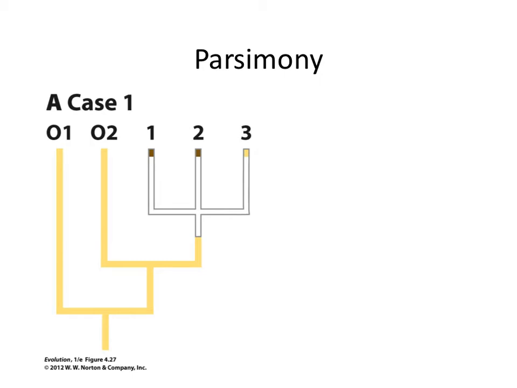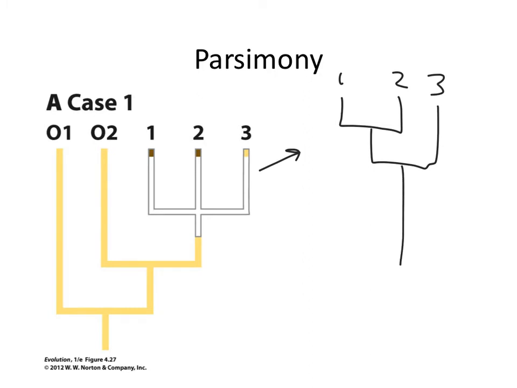If the trait is fur color or skin color or bird plumage color or something like that, and these colors are represented on the tree, which two of the three taxa, 1, 2, and 3, are most closely related to each other? The two that share the trait, yeah? Okay, so in that case, you might resolve this polytomy by making 1 and 2 more closely related to each other than 3.